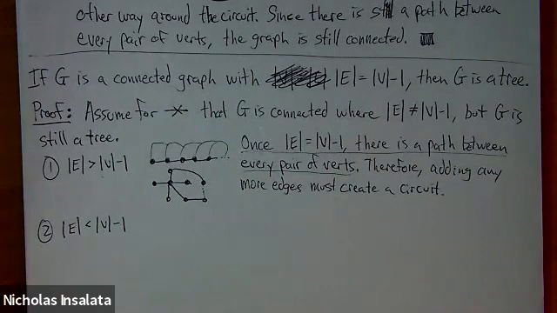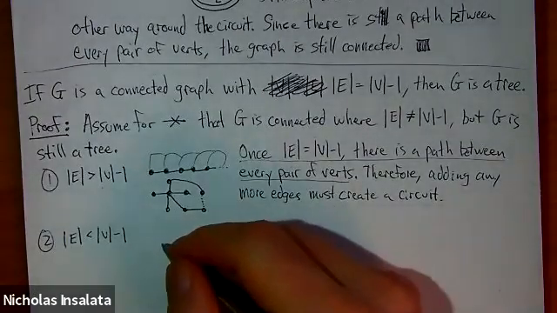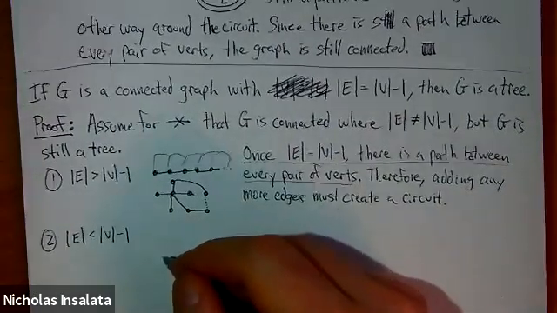Yes. Okay, cool. Excellent. So let's do the second part, where the number of edges is less than the number of vertices minus 1. Well, in that case, I'd like to go with Sean's suggestion, right? So let's do it this way.